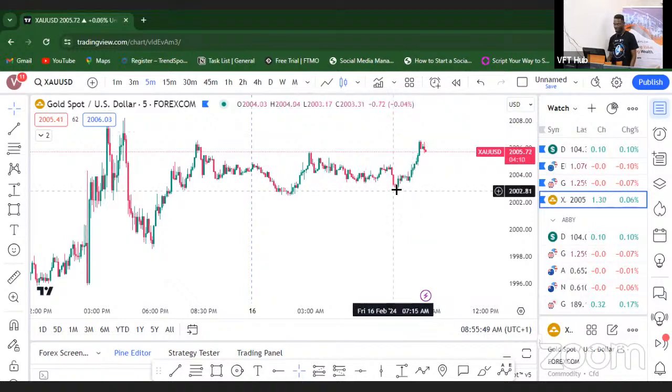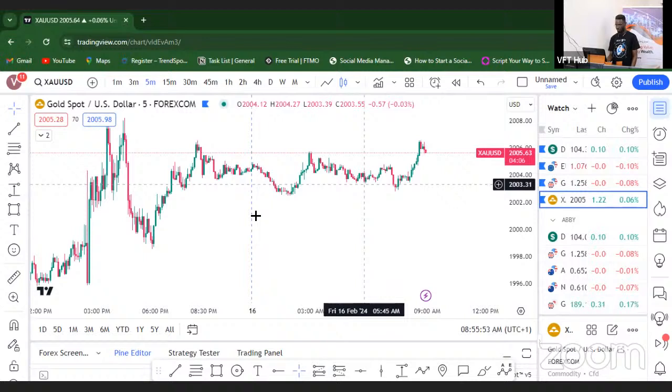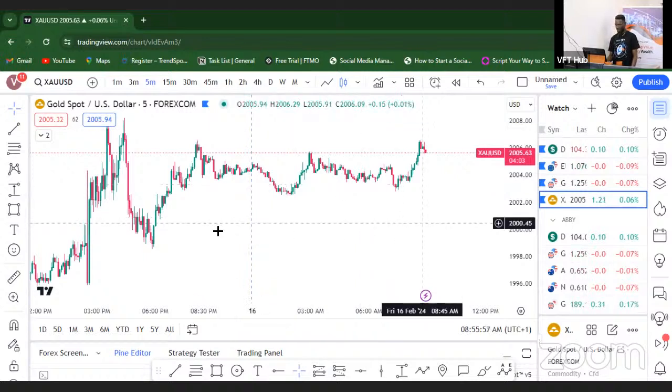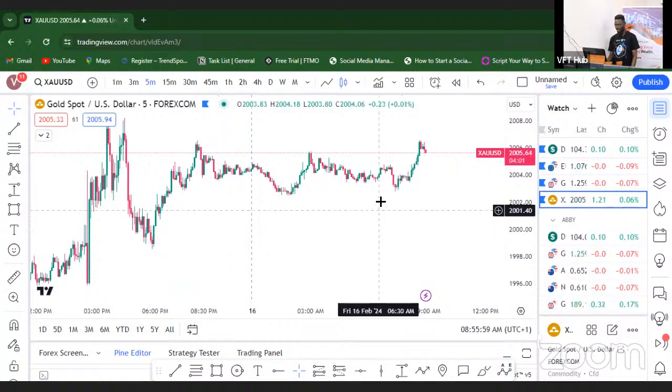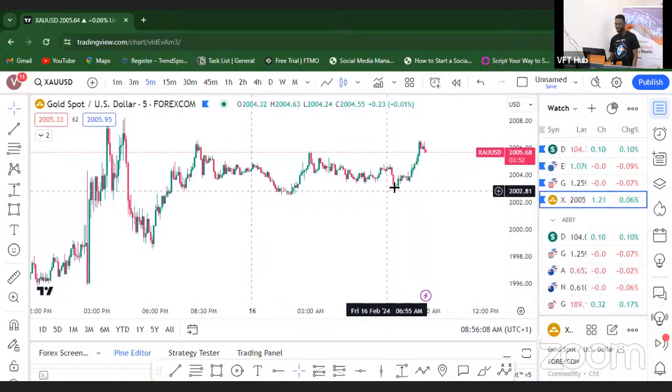And remember, we have some fundamental news which we are still going to check towards the end of today's TDA in the afternoon. Now, for gold right now, we are not seeing any entry. The market is just ranging there. This is the kind of market where you are going to see buy and sell at the same time.